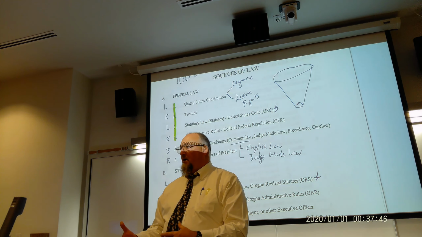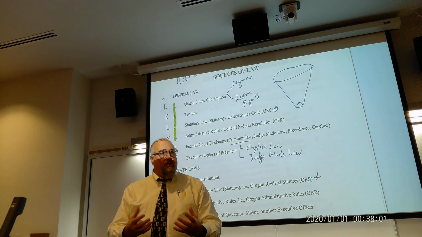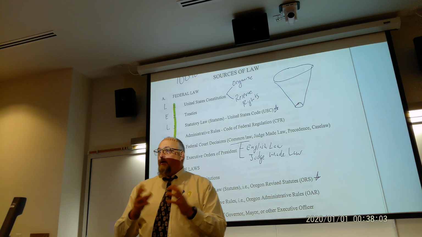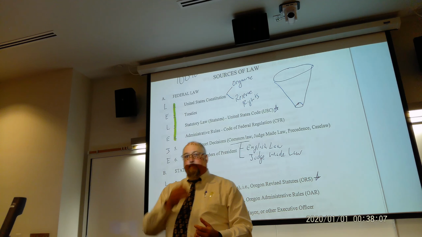So the role of a judge, of course, the judicial branch, is to interpret the law and apply it to a particular case. And when that happens, the judge writes down the decision. That creates case law, otherwise known as judge-made law, otherwise known as common law.